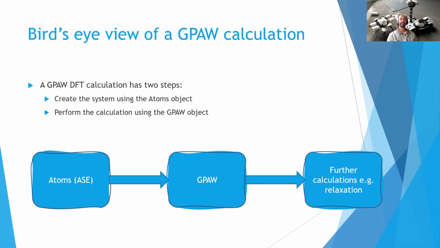By the way, ASE can help GPAW, and it also helps a lot of other DFT software such as VASP and Siesta and Quantum Espresso. So once you've established your system using the Atoms class from ASE, the next step is to set up the DFT calculation using the GPAW class. Once you're done with that, you make a few function calls to actually start the DFT calculation.